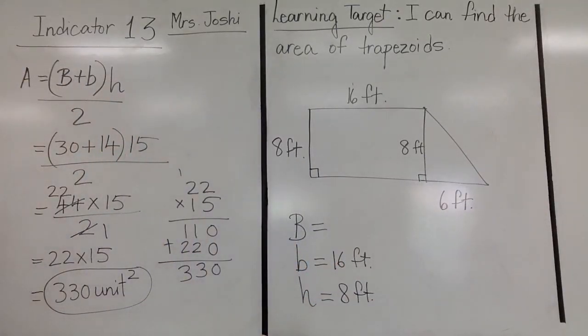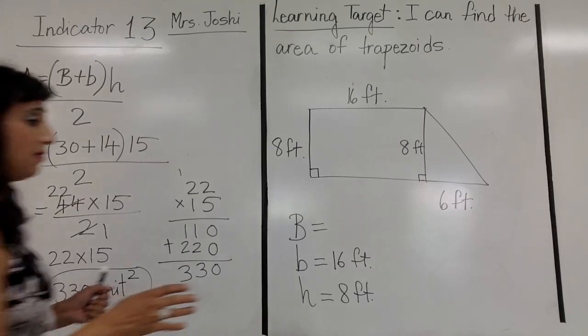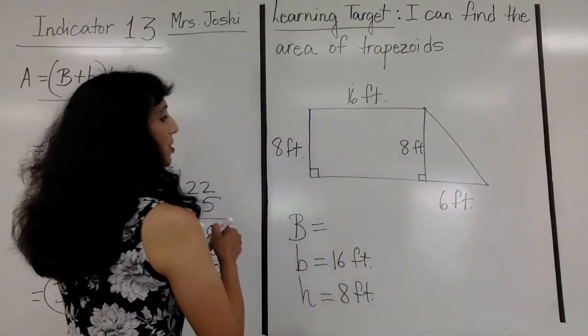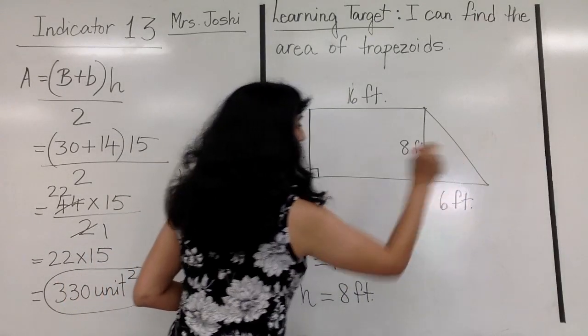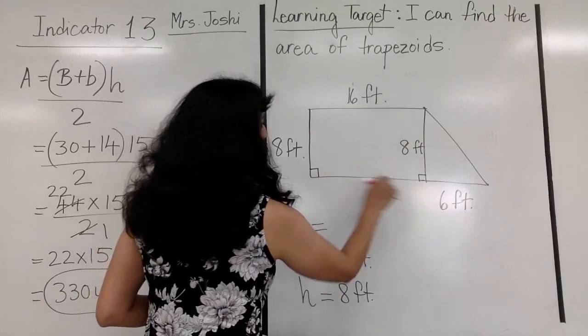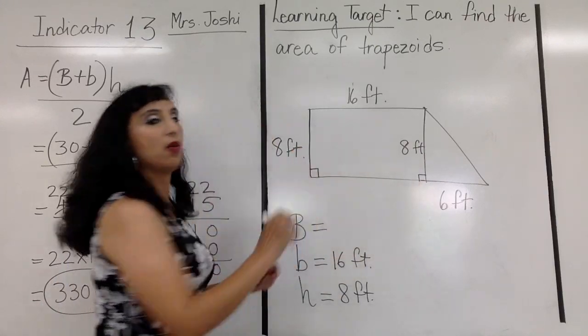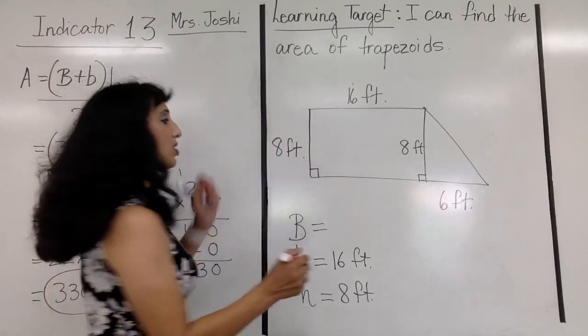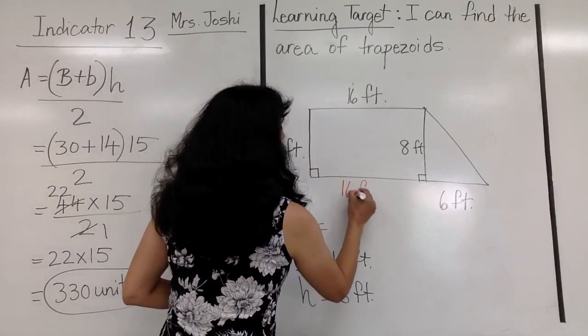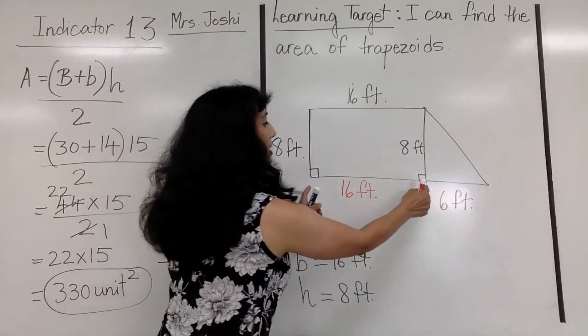And then the big base obviously cannot be smaller than the little base. So be careful with this one, because very often you forget to add, because 6 feet is only this much. But we are doing this part also. This is a rectangle, so if this is 16, this is also going to be 16 feet.